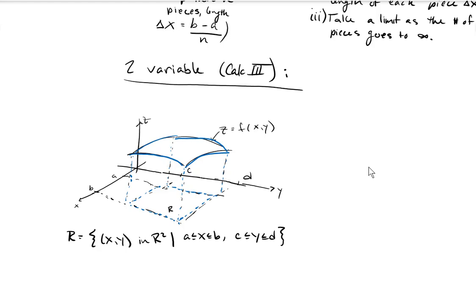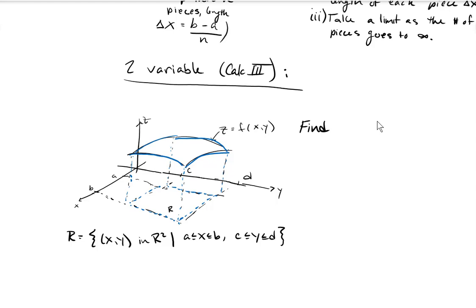If the area problem had us finding what's beneath the graph but above the domain, now that same problem, when you find what's beneath the surface but above the domain, that rectangle R, gives you the volume.